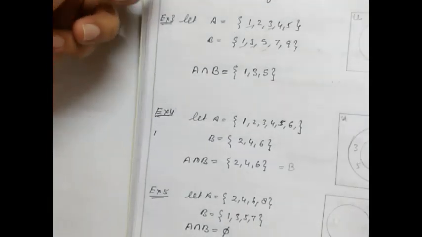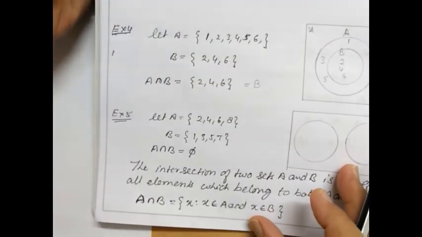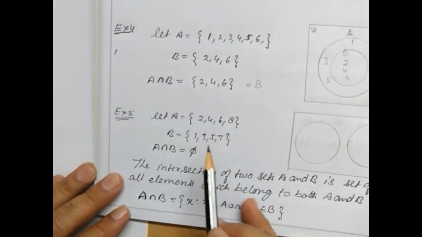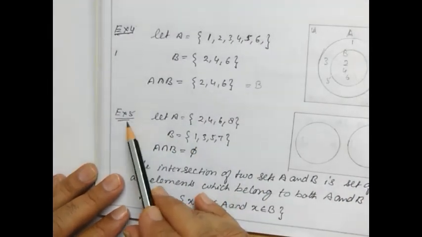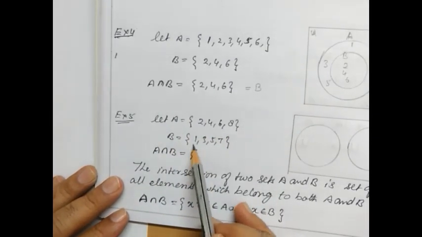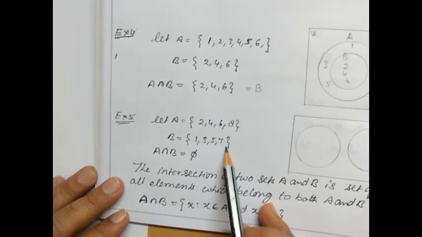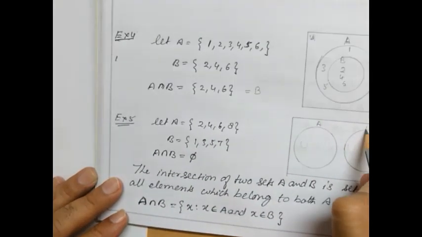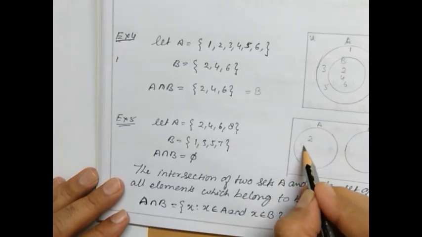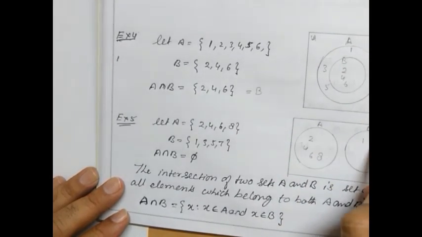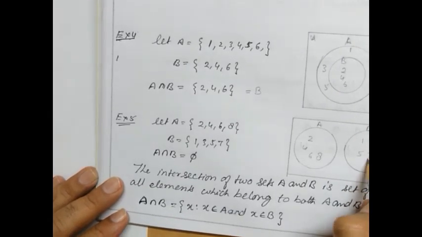Now to understand more, let's take another example. Set A is 2, 4, 6, 8 and set B is 1, 3, 5, 7. So here we have A and B. This is 2, 4, 6, 8 and 1, 3, 5, 7.